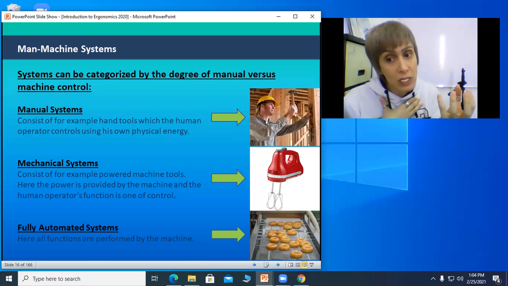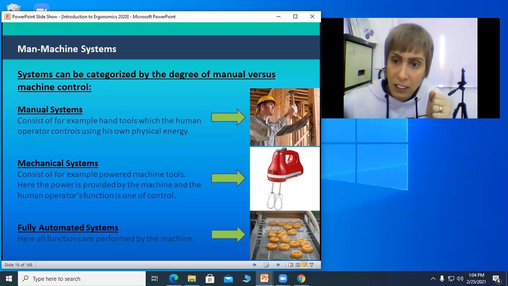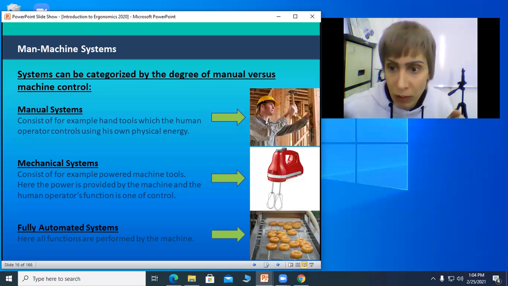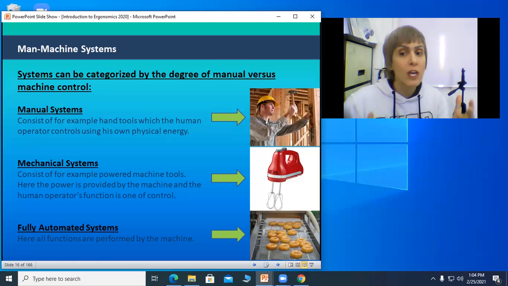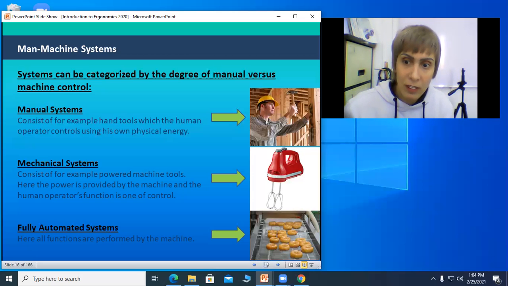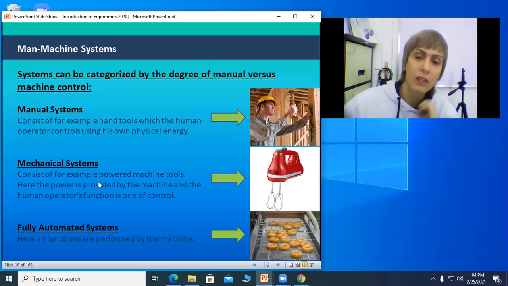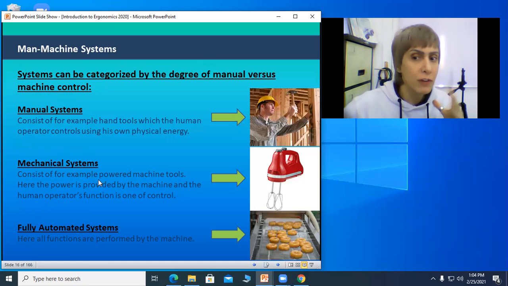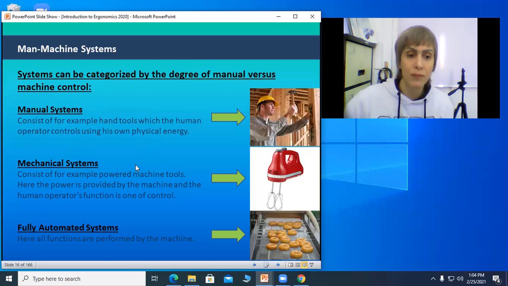If it's a manual tool, it's different than when it's a mechanical machine, so the interaction becomes different. The relationship between the human and the product is different depending on what type of system it is, and you will need to design it using different rules and requirements depending on what type of system you're dealing with.